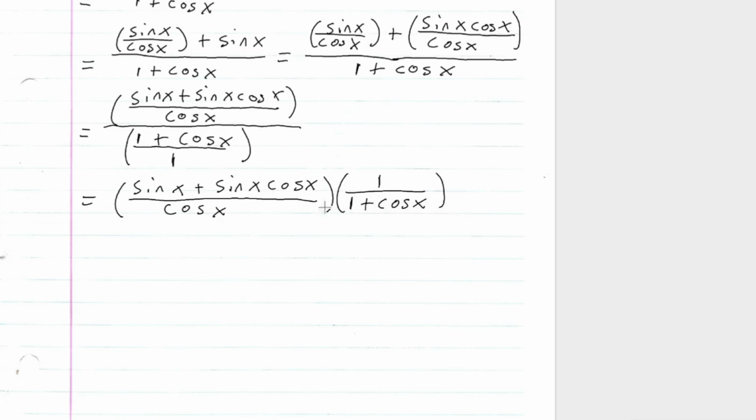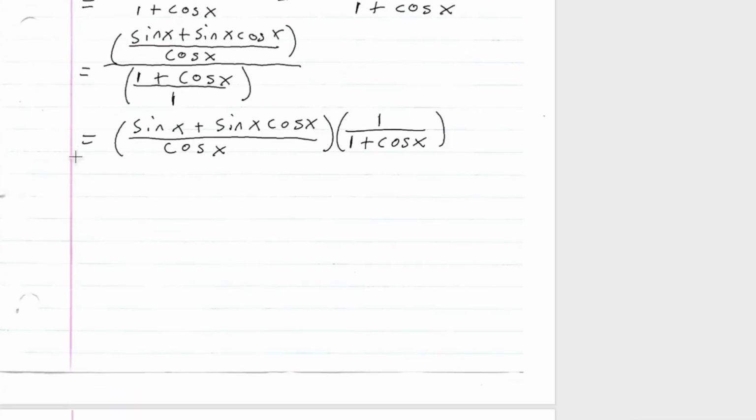And now I have a factor of 1 plus cosine x, right? So I'm actually going to factor out this sine x here. Well, let's go ahead and do this first, right? So sine x plus sine x cosine x, because that times 1 is just that, over cosine x times 1 plus cosine x.